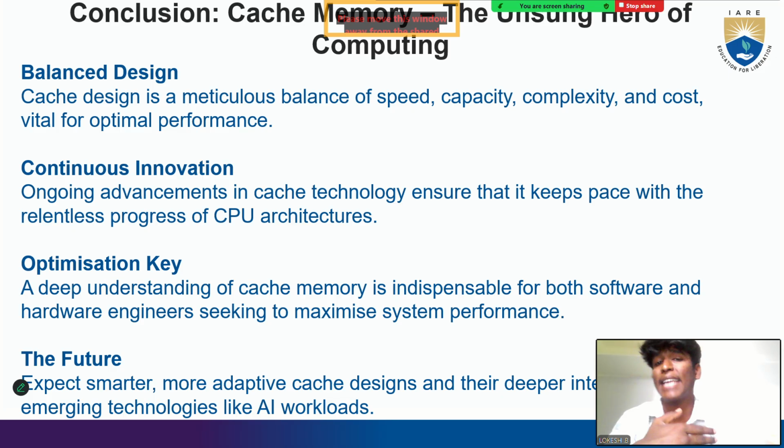Ongoing advancements in cache technology ensure that it keeps pace with the relentless progress of CPU architectures. A deep understanding of cache memory is indispensable for both software and hardware engineers seeking to maximize system performance.